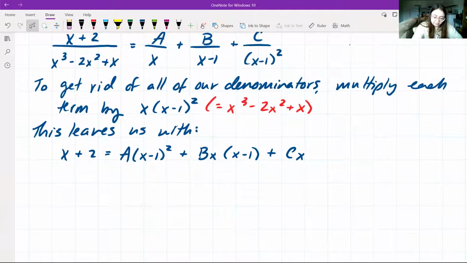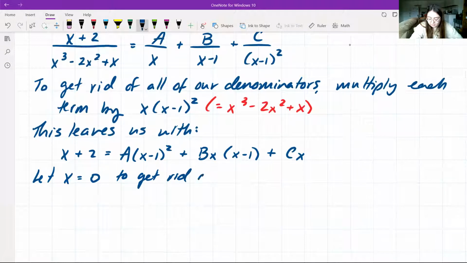To clear out two of our terms right away, we can let x be equal to 0. If we let x be equal to 0, b is being multiplied by x and c is being multiplied by x, so b and c both go away, and all we're left with is a.